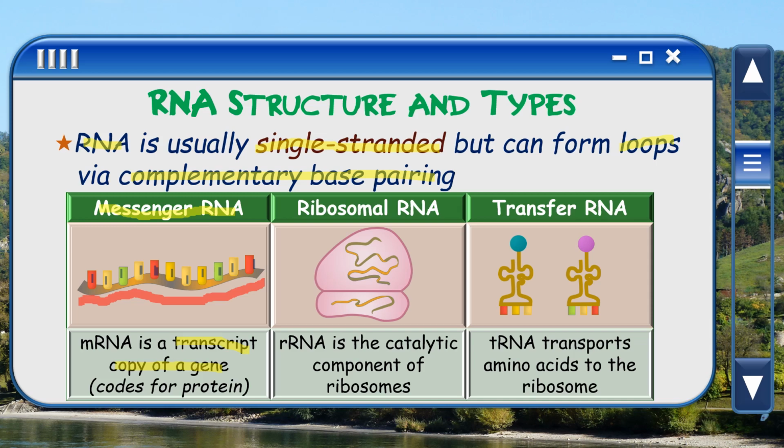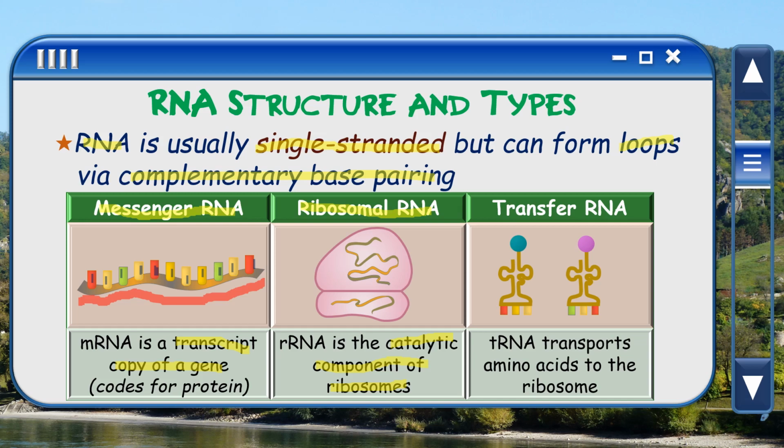Messenger RNA is a transcript copy of a gene, which I will cover later. It codes for protein. Then we have a second type of RNA, ribosomal RNA. Ribosomal RNA is a catalytic component of a ribosome. It is also involved in protein synthesis, but we shall look at that later on.